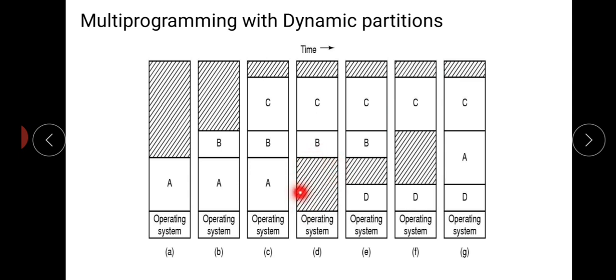When the required amount of memory becomes available, then the next process D will access that memory portion and can continue the task. And keep in mind that if any process completes its task, suppose B, then that particular portion will be free and it will merge with the remaining space and create one continuous block. So this is the concept of how dynamic partitions can be implemented.